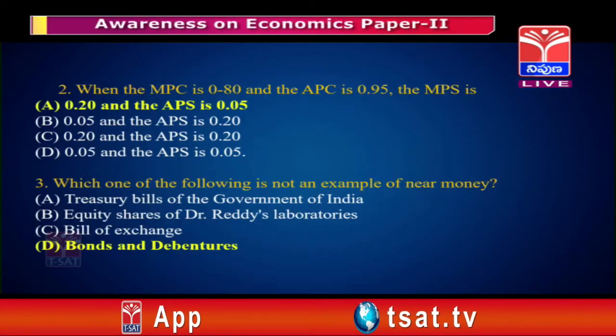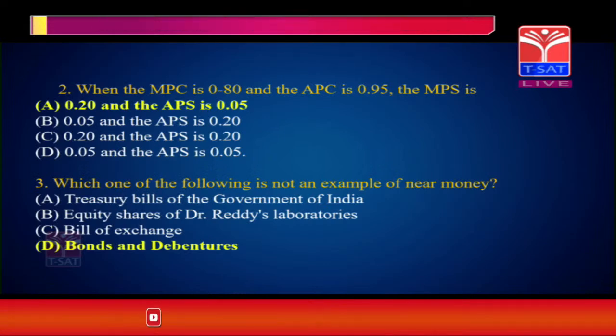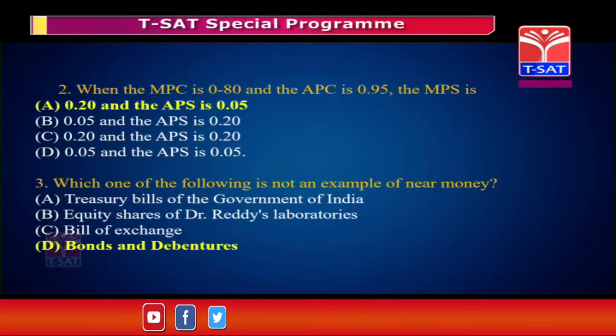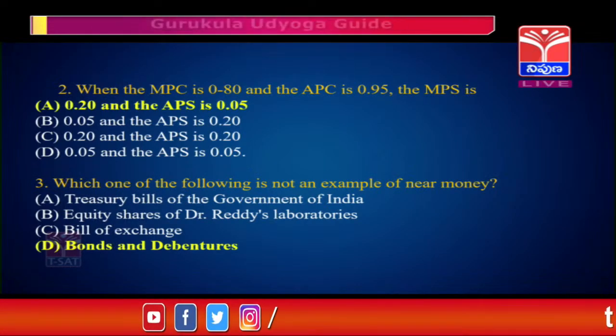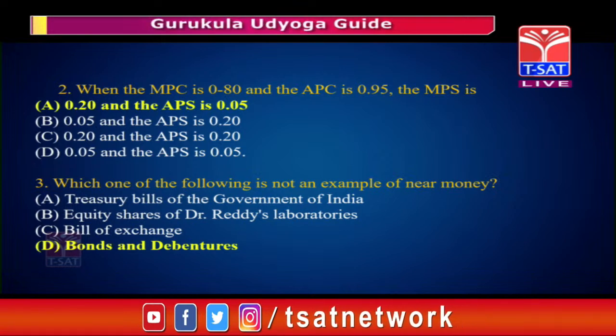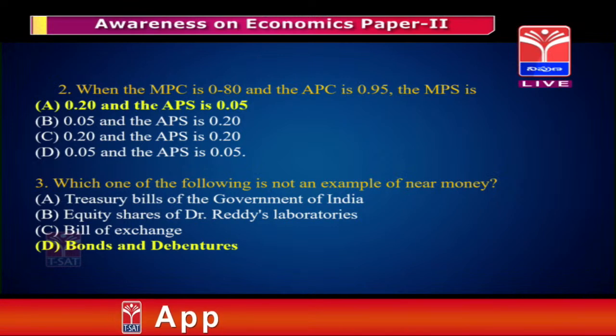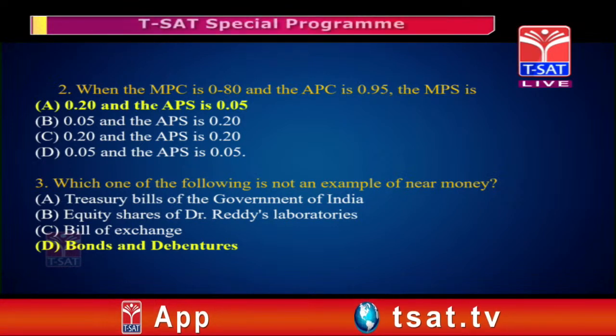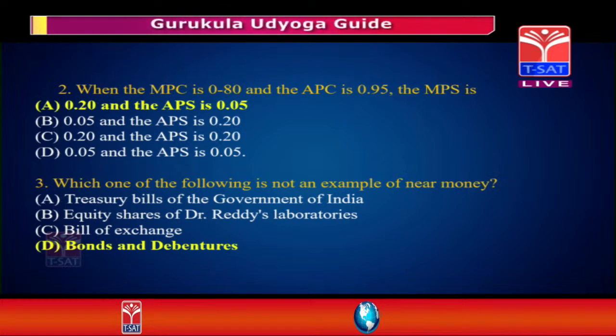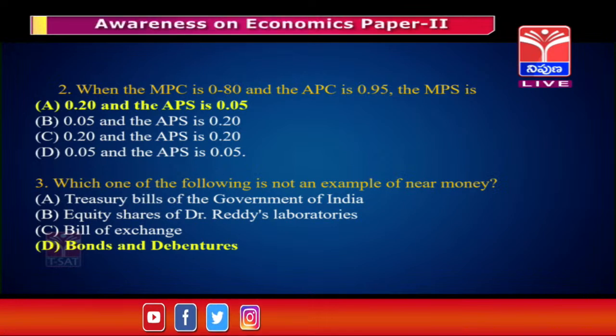Similarly, this is an example on consumption function. Consumption function has two concepts: marginal propensity to consume and average propensity to consume. Marginal propensity to consume plus the marginal propensity to save will always be equal to 1.